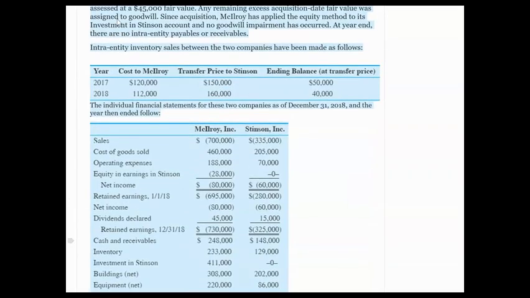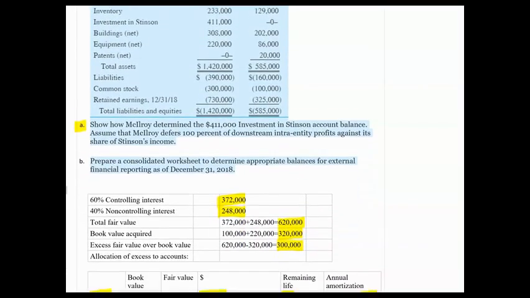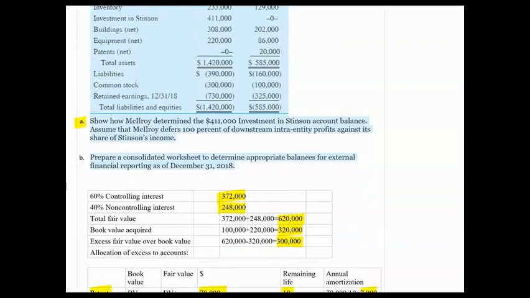Specifically, every year the parent sells inventory to the subsidiary. So this is the intra-entity transfer. It's a downstream transfer, and because of the remaining unsold inventory at the end of each year, there is a deferred gross profit we have to adjust. Okay, and then this 100% of downstream intra-entity profit is going to be deducted from its investment income. That's what question A means.